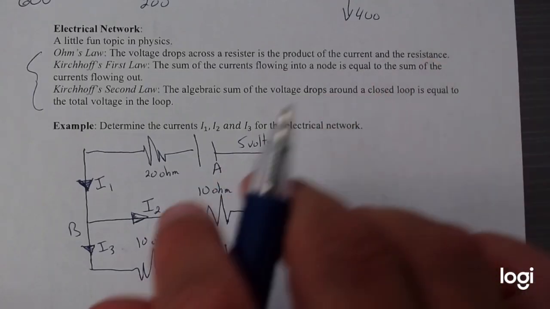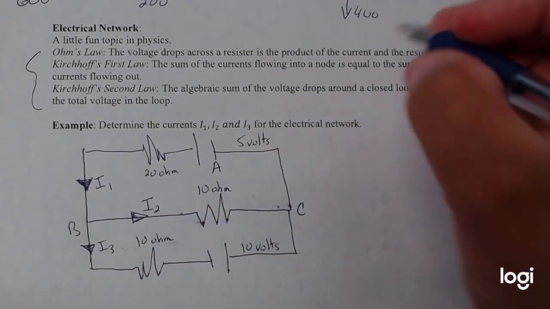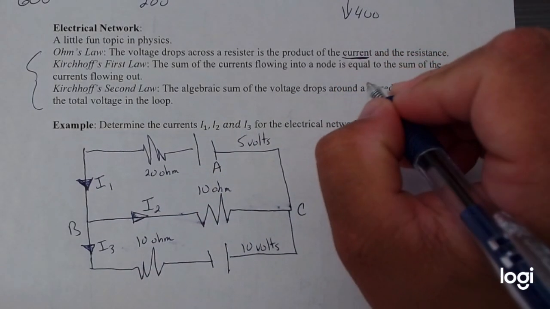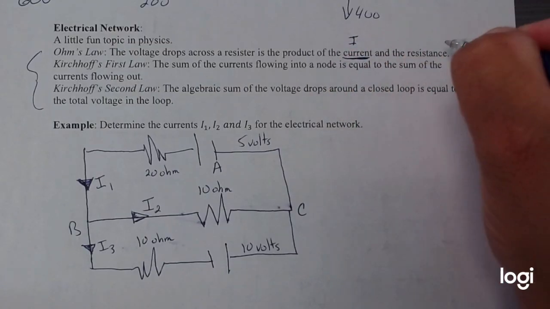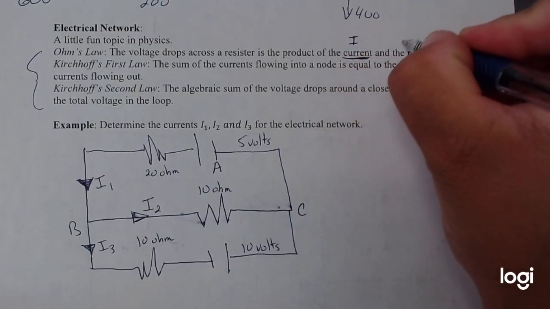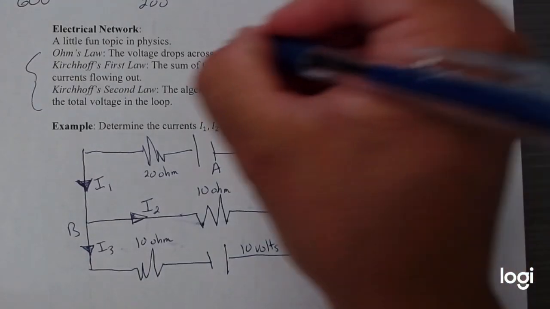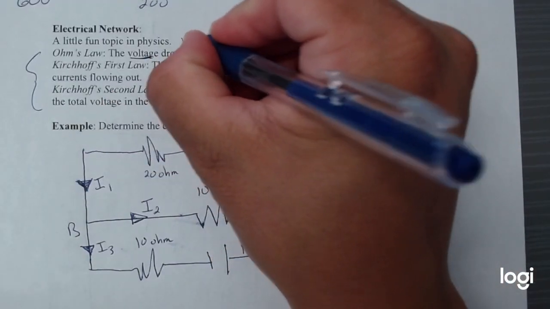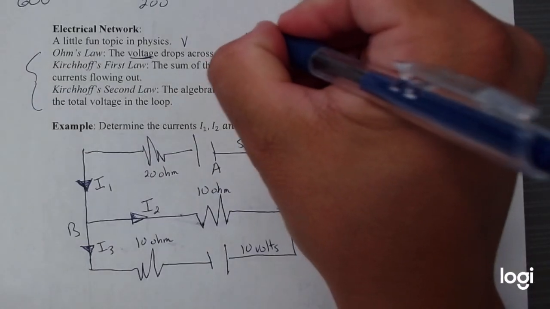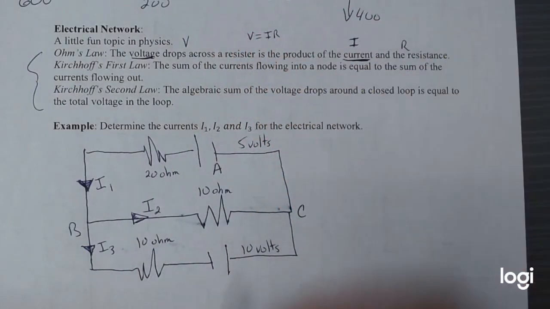Remember, product means multiplication, right? So current is usually denoted as I, and resistance is usually denoted as R. Okay, so voltage is usually denoted as V. So in other words, V is equal to I times R.